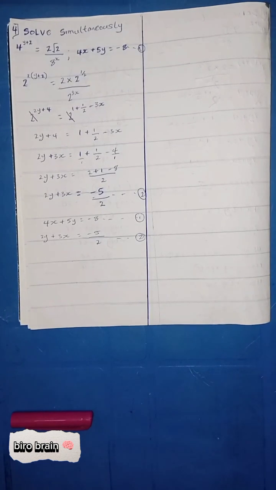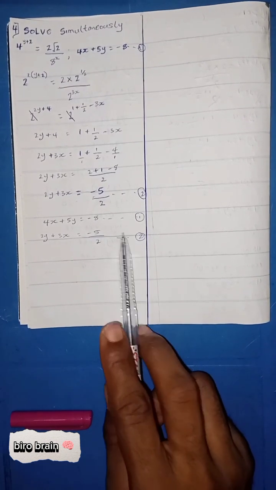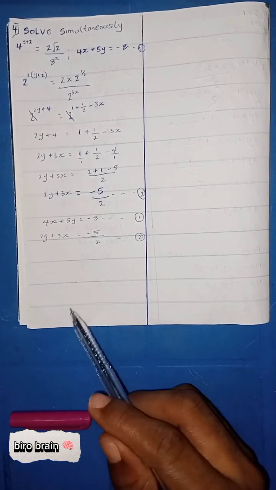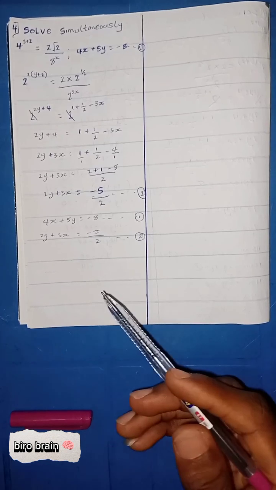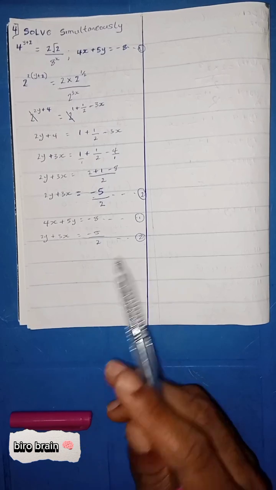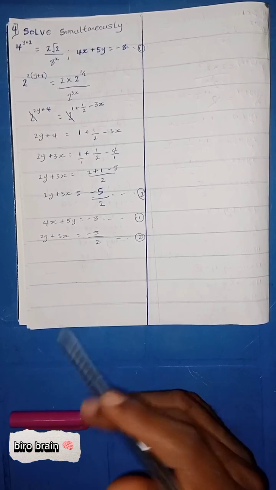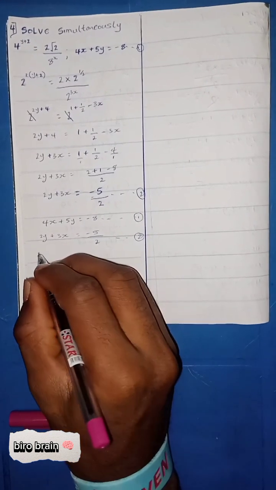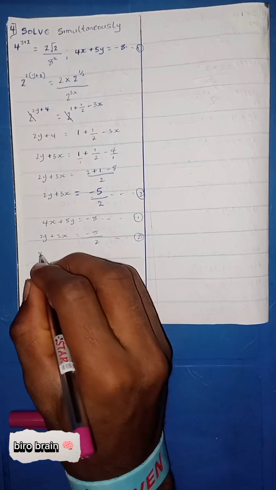Looking at this now, we have two equations, and it is preferable to solve it using the substitution method, because of this fraction. It is preferable to avoid errors and mistakes, so I'll go for the substitution method.